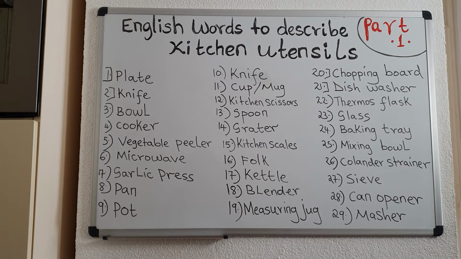The next word is spoon. Now, we use a spoon to eat food or to stir sugar inside a cup. When you want to drink your tea, there are different types of spoons.